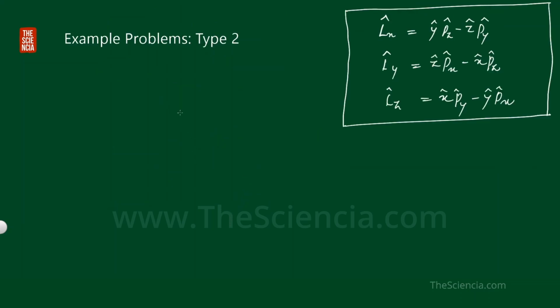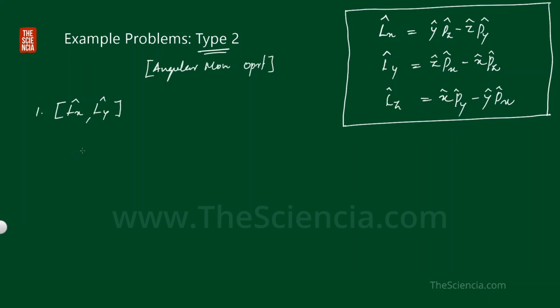Example problems, type 2. Here in type 2, we discuss the commutator bracket of angular momentum operators. First example problem, the commutator bracket of Lx, Ly.